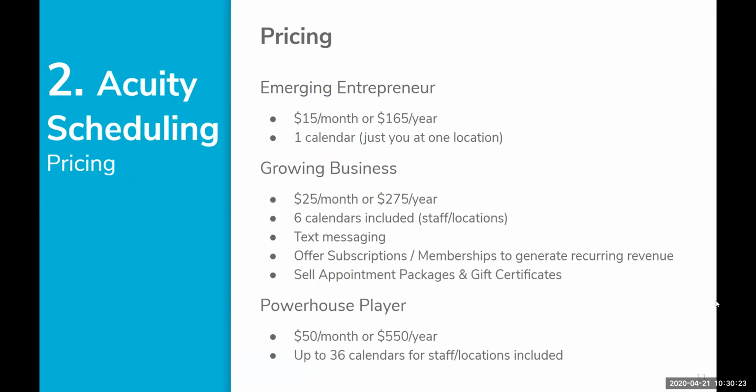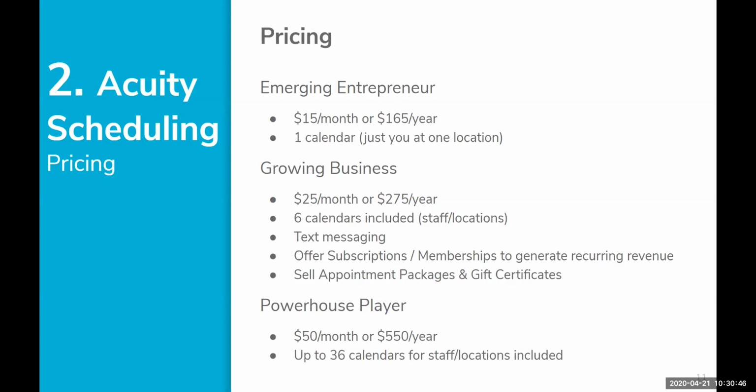So now I do want to talk about pricing. So of course, some of these tools that we'll go over are a little bit more expensive while others are pretty affordable. I would say that Acuity Scheduling is a very affordable platform. I think it's great for people who are, like they say, emerging entrepreneurs or small business. So I like the first tier.